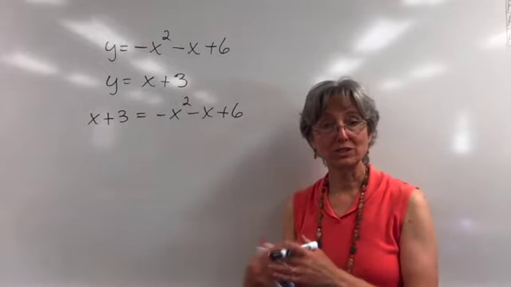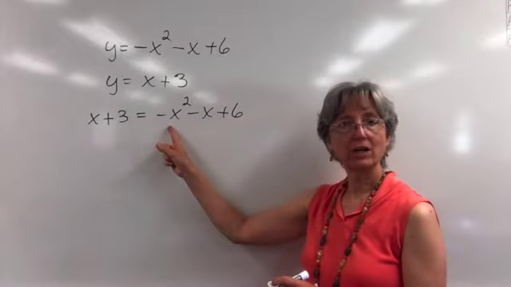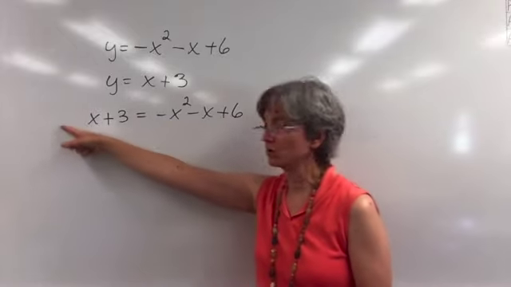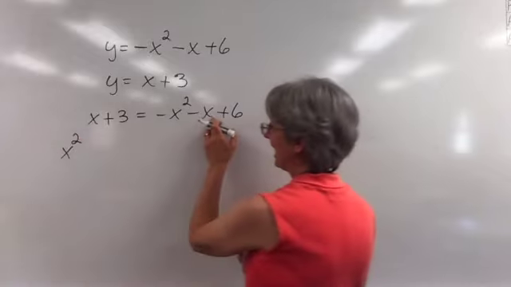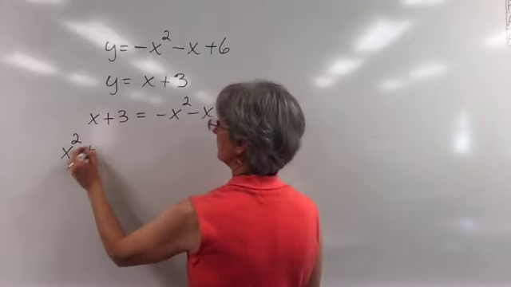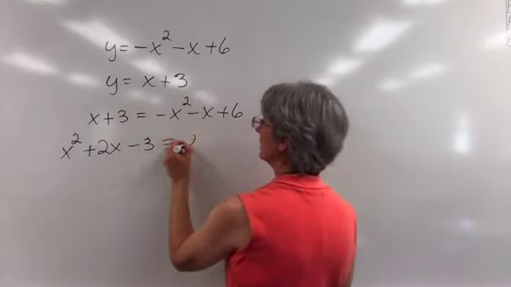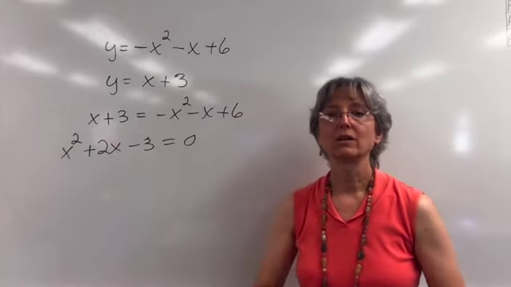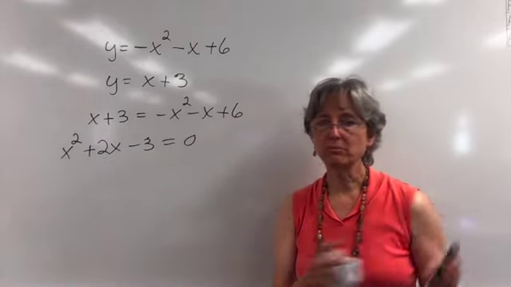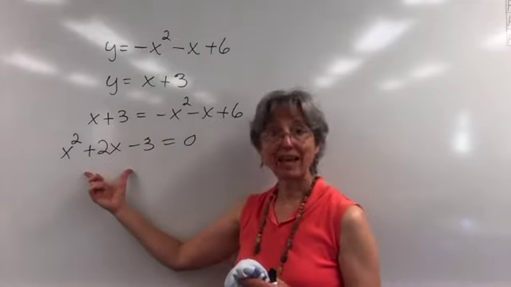Now I'm going to set it equal to 0, and I'm going to do it in a way that'll give me a positive x squared. So I'm going to move this over here, make it positive x squared, and I'm going to add this x over here plus 2x, and I'm going to take away this 6 minus 3 equals 0. Now I've set it equal to 0, and always before I whip out my quadratic formula, can I factor this?